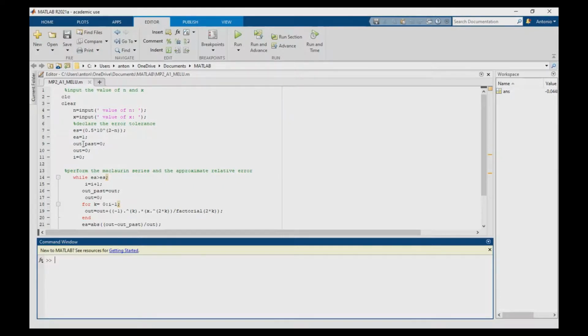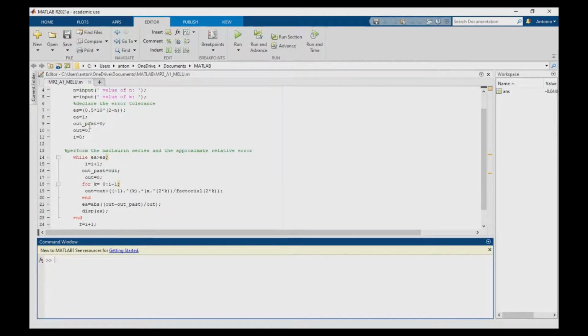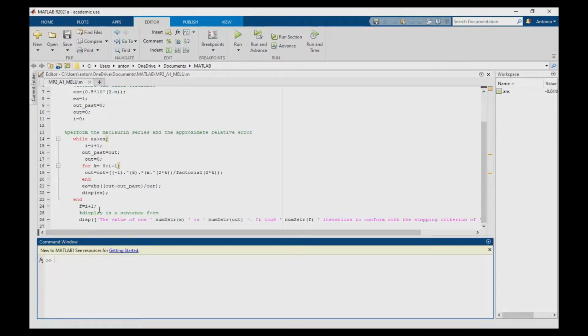Now we clear everything out first, where out sub past is equal to 0, out is equal to 0, and I is equal to 0. Of course, we cleared everything out so that when it runs, since the program runs line by line, everything is cleared out.